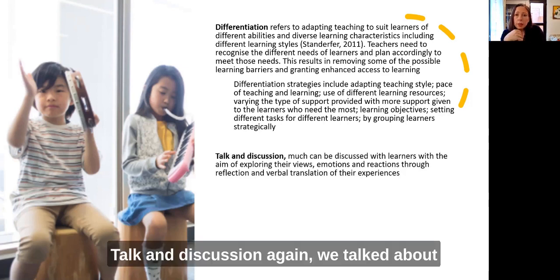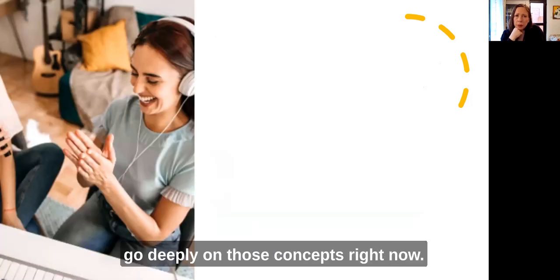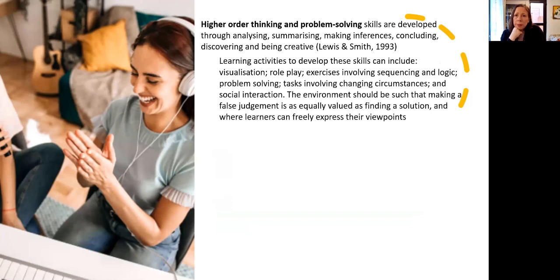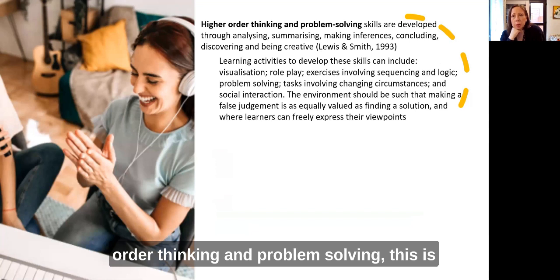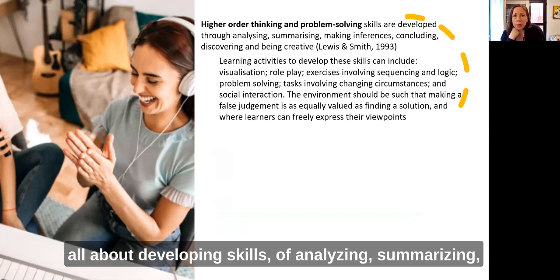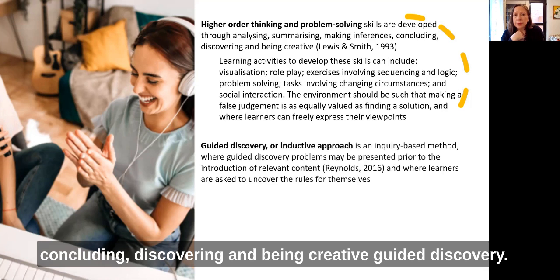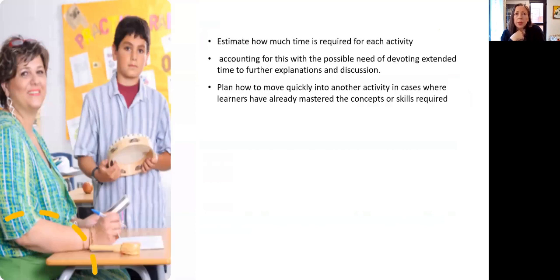Talk and discussion, we talked about that earlier, so I'm not going to go deeply on those concepts right now. In terms of the use of higher order thinking and problem solving, this is all about developing skills of analyzing, summarizing, concluding, discovering, and being creative. Guided discovery, we talked about it earlier, and peer tutoring too.